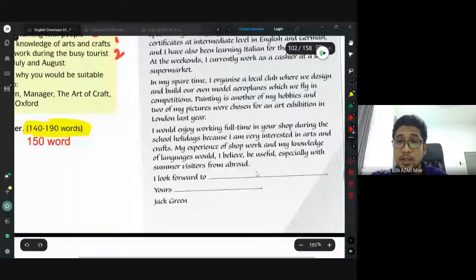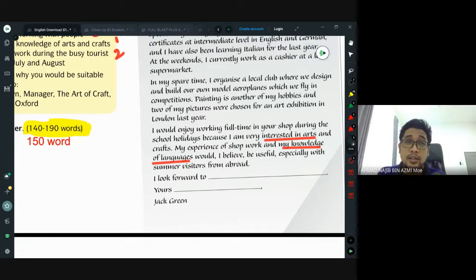So sikit saja kat sini baru dia include about dia punya skill dia, knowledge of languages, interested in arts. Ni adalah skill yang berkaitan. Tapi skill tak banyak sangat kita cerita, lebihkan kepada experience.